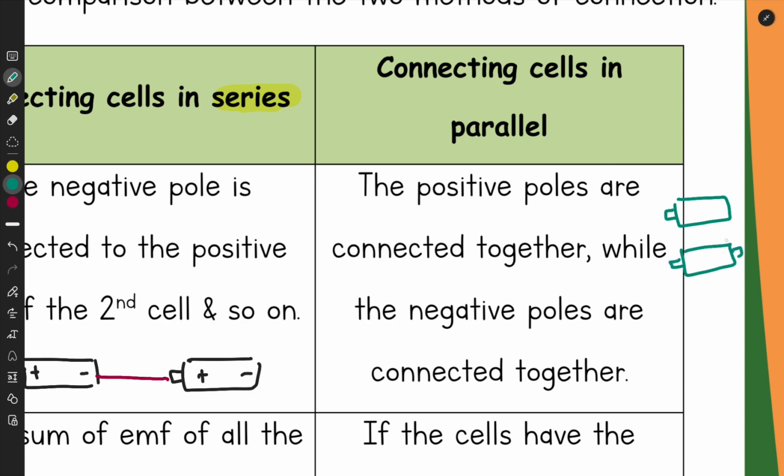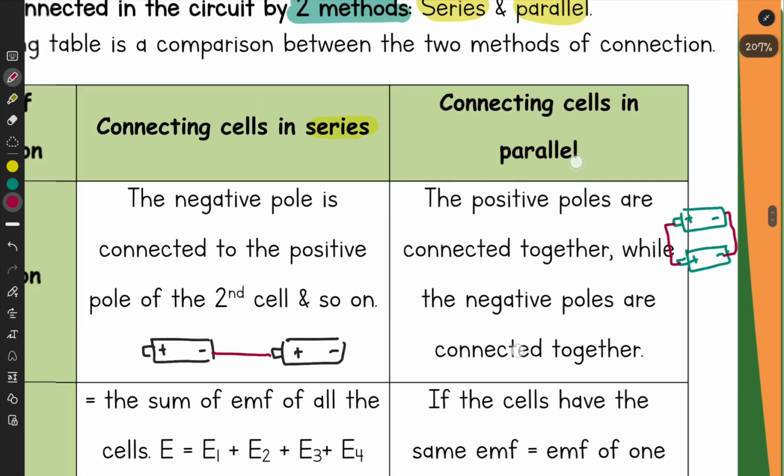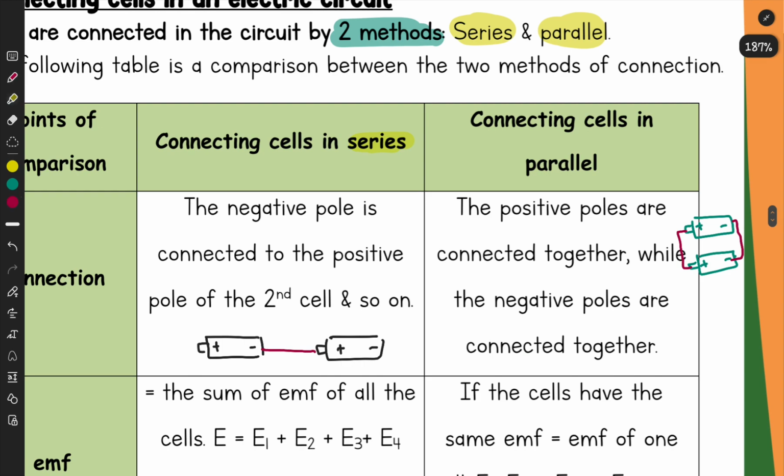If I have two batteries, positive and negative, and I want to connect them in parallel, the positive one will be connected to the positive one, and the negative one will be connected to the negative one, and so on. So in the parallel, the positive poles are connected together, while the negative poles are connected together.